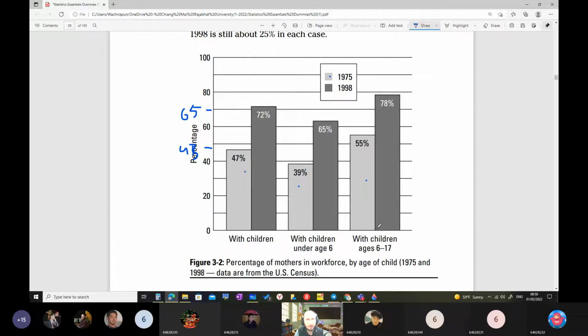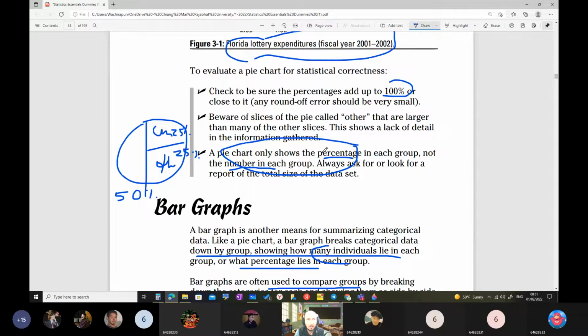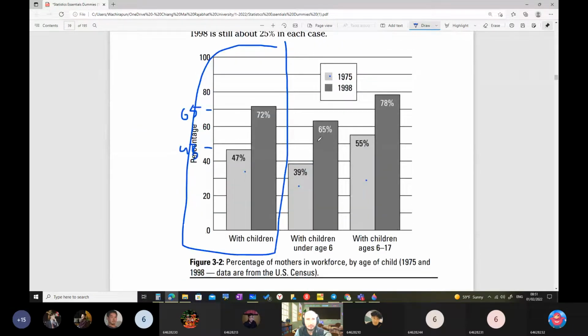We also can look at different ages, okay? So this is different, right? They took two graphs and put them into one. So again, this is called bar graph. Two graphs into one. So now let's say ages. Age under 6, 65%.